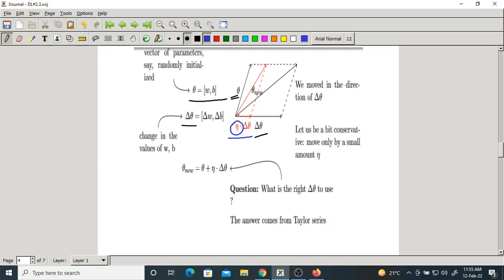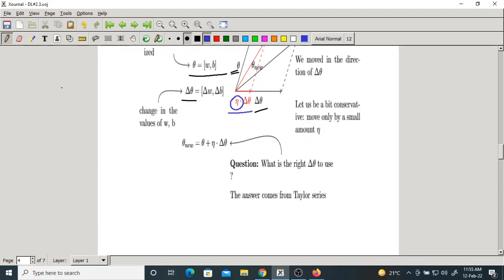Now this red line is the new resultant, that is theta new. If you want clarity, let me draw here. So this is theta. I have taken a small portion. Now this is the resultant, something like this.